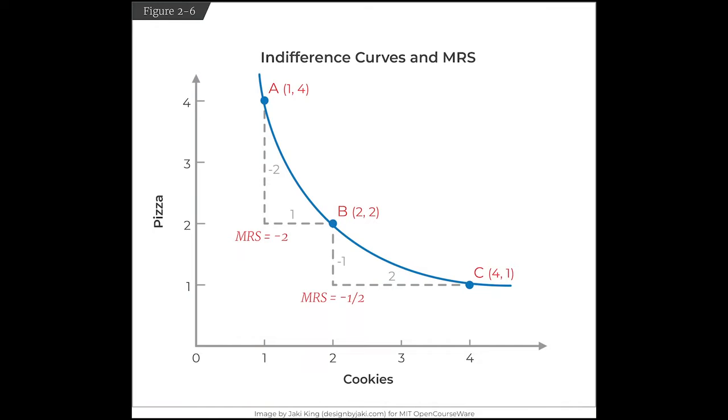What's the arc slope between point A and point B? The slope is -2. So your marginal rate of substitution is -2. You're indifferent between 1, 4 and 2, 2. Therefore, you're willing to give away 2 slices of pizza to get 1 cookie. Delta P over delta C is -2.